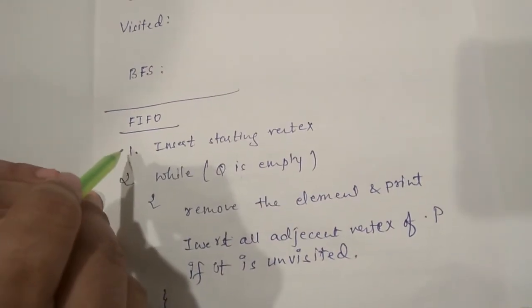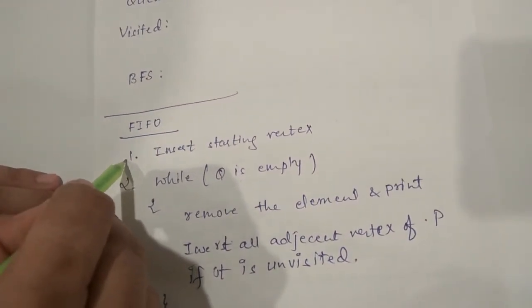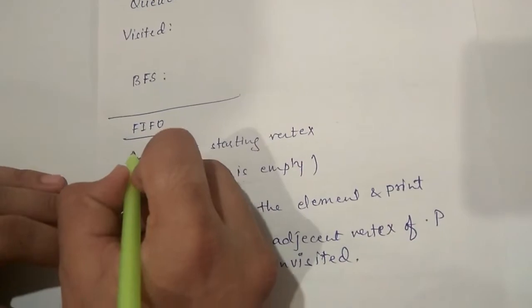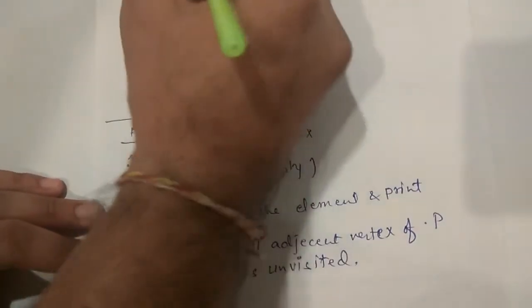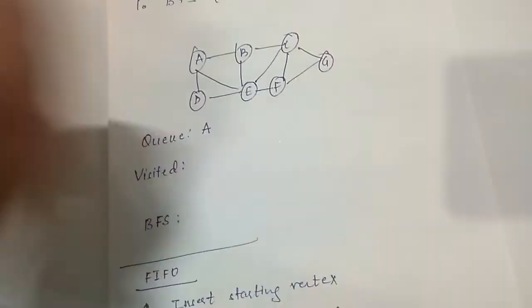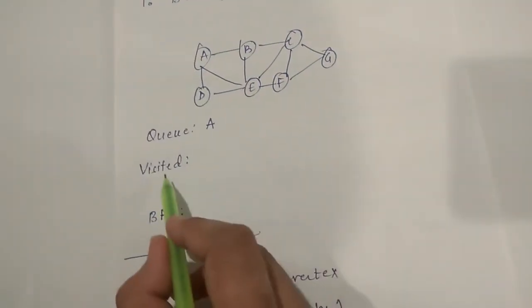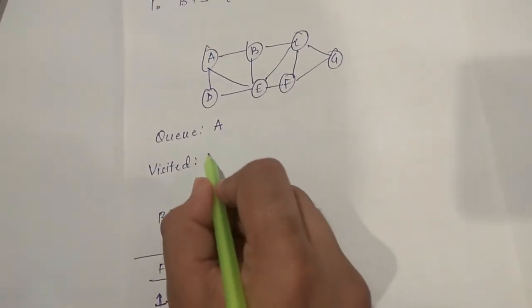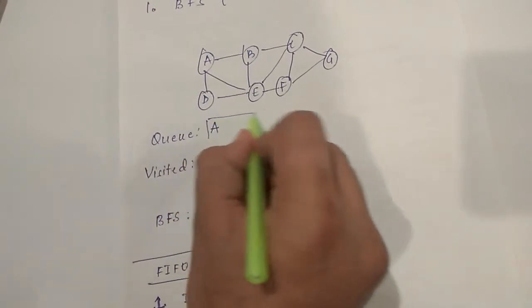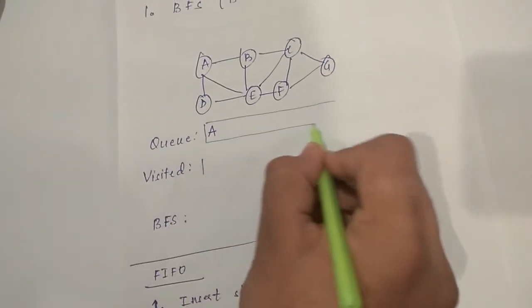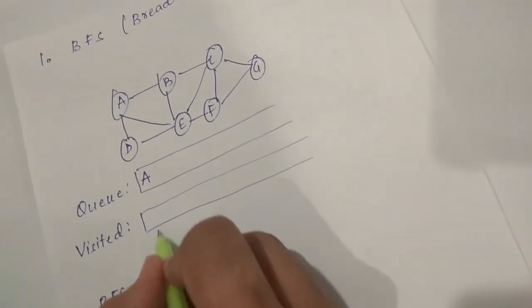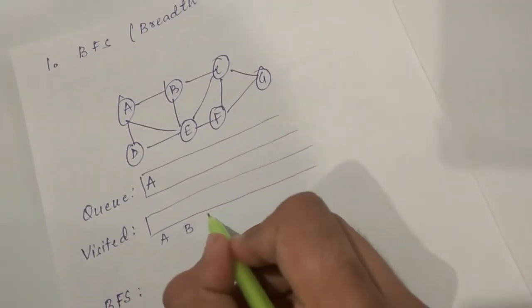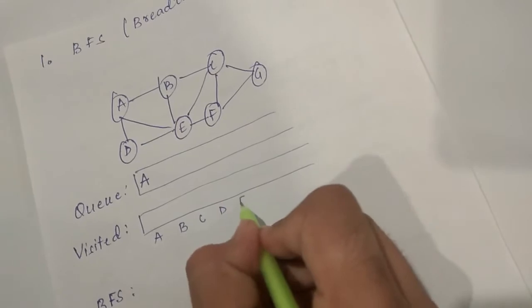Now your first step is to insert the starting vertex. There is no starting vertex specified over here, so we can just start with A. Next, there is an array of visited. So let me first of all draw a queue. Second one, an array which keeps track of whether a particular vertex is visited or not.